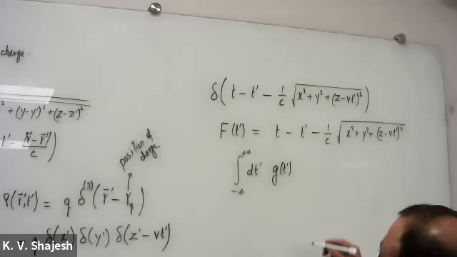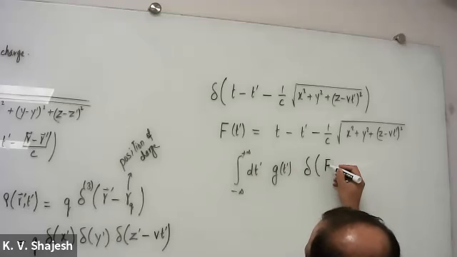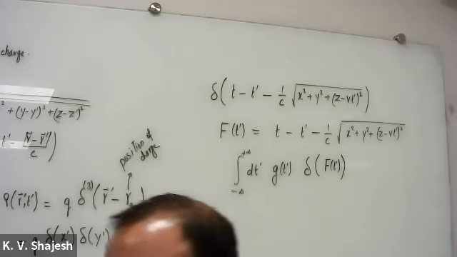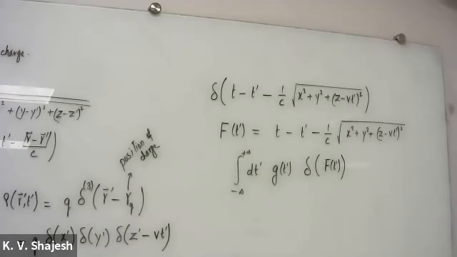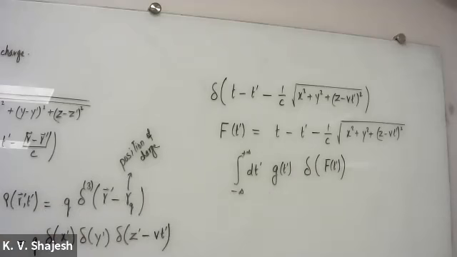And I have a delta function of a function inside it. And we haven't come across that before. Like all the time when we work with delta functions, we say x equal to something, y equal to something, and this is a complete function in there.